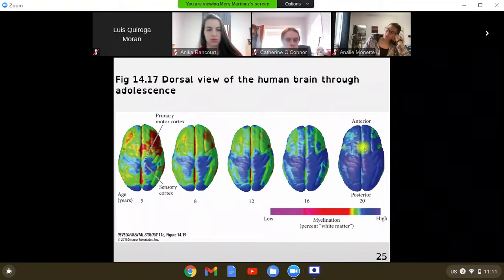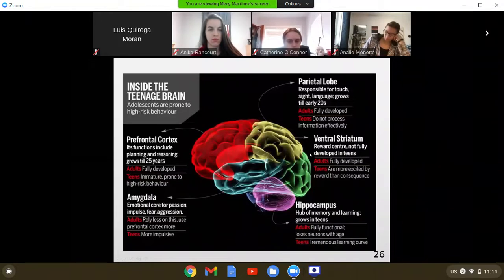So myelination is essential for the rapid transmission of information and proper neural functioning. And it's high when people are around their 20s, okay? I would say that early on, it doesn't seem to be that much.